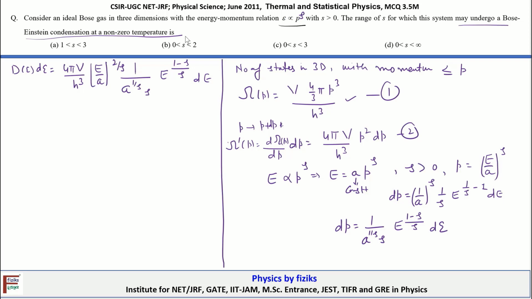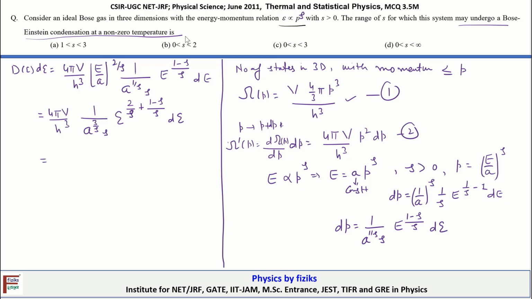All these terms can be rearranged as 4 pi V upon h cube, 1 upon a power 3 by s into s, and then energy power 2 by s plus (1 minus s) upon s, dE.